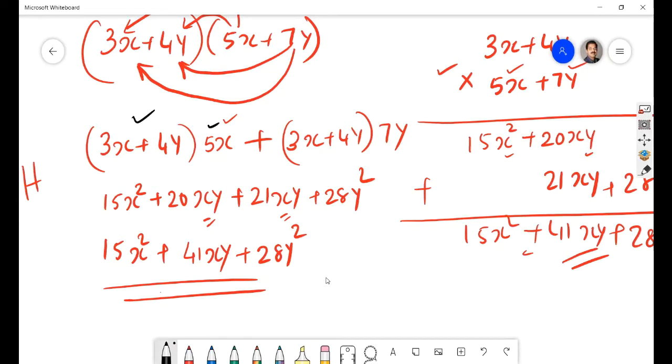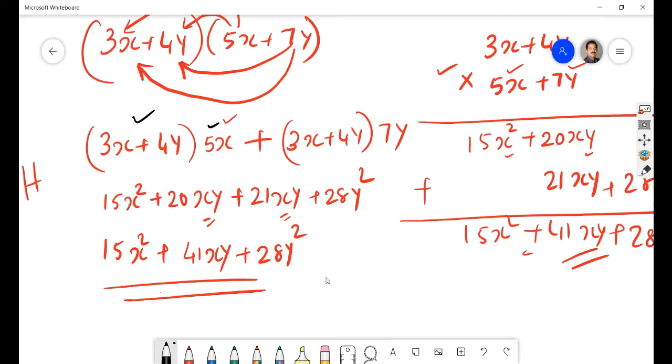It can be 5x plus 7y multiplied by 3x, then 5x plus 7y multiplied by 4y, and you will get the same answer. It is up to you to decide which one to be multiplied. The sense is that if you multiply 4 into 3, you will get 12. If you multiply 3 into 4, then also you will get 12. Understood? So there is an option over here.